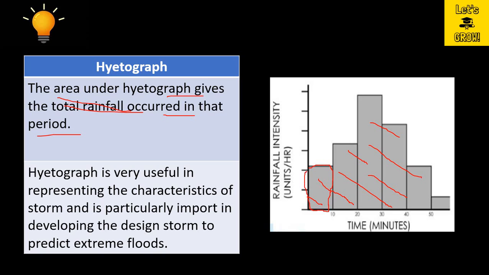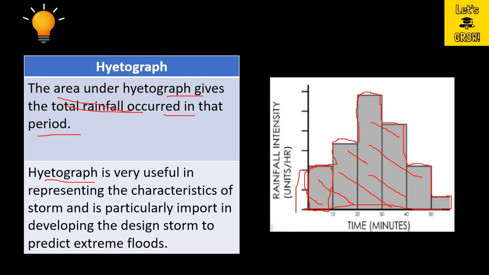The length is 10 minutes, and suppose the intensity is 20, so 20 centimeter per hour into 10 minutes. You simply get a unit of rainfall, which is either centimeter, mm or inches. If you compute the total area by adding the small rectangular strips, this total area gives you the total depth of rainfall occurring over your catchment.